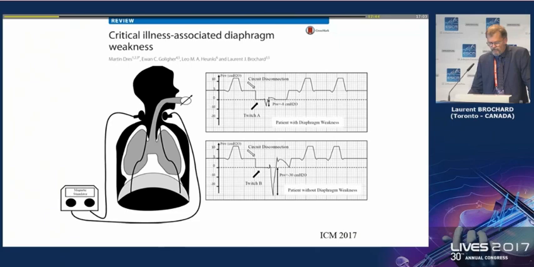The gold standard technique for assessing diaphragmatic force is to stimulate the phrenic nerves and measure the contraction of the diaphragm. One way to do it is to use magnetic stimulation, stimulating the phrenic nerve in the neck and measuring the pressure generated by the diaphragm.